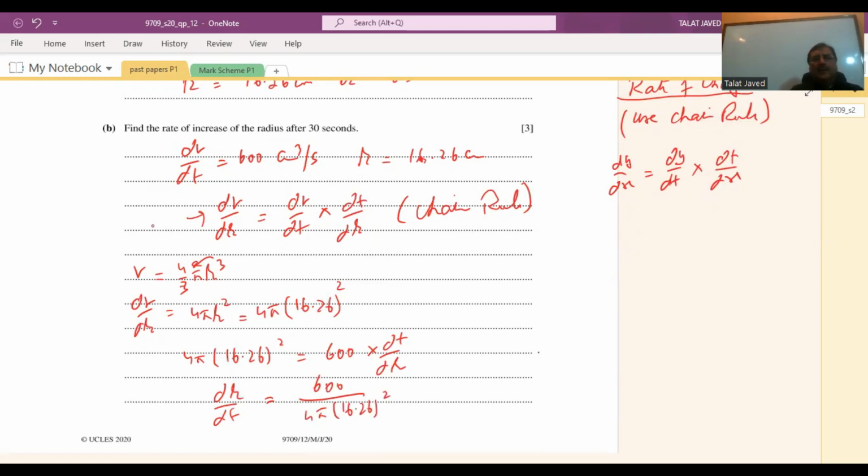By using a calculator, you can find dr over dt, which will be equal to 0.181 centimeter per second.